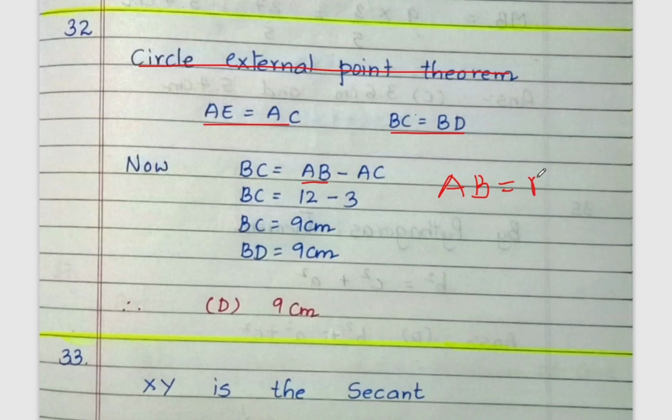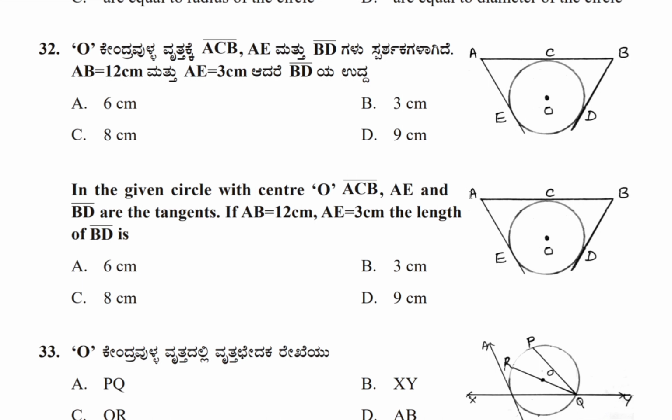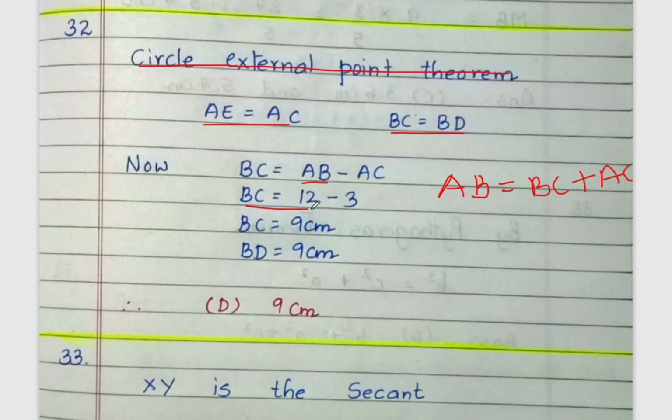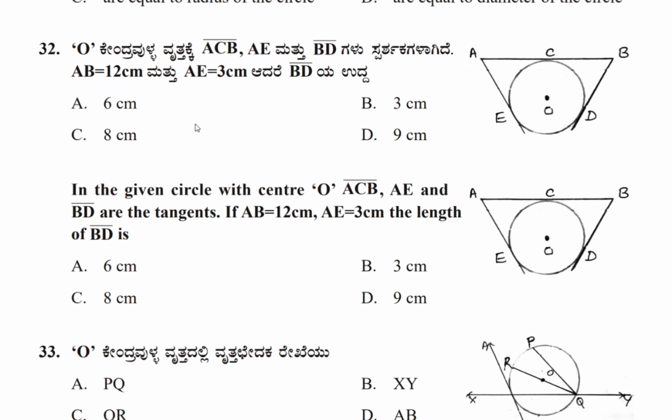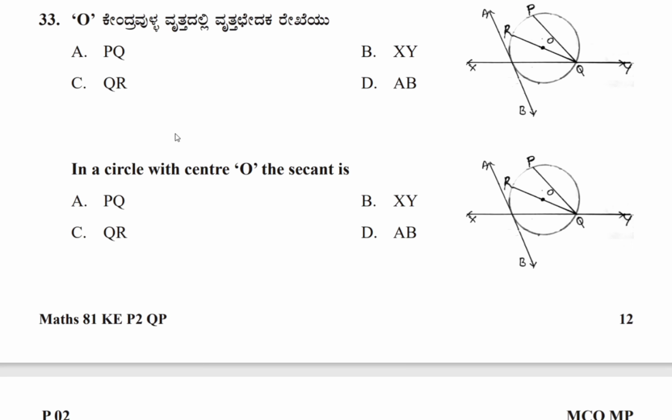Now BC will be equal to AB minus AC. We need to find out BC, therefore BC equals 12 minus 3. Therefore BC equals 9 centimeters, which will be equal to BD. Therefore the correct answer is option D, 9 centimeters.